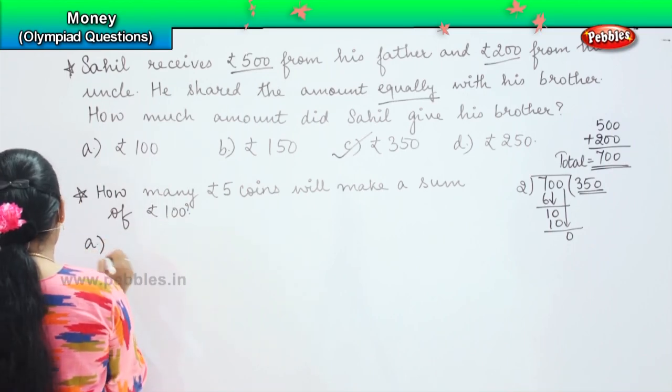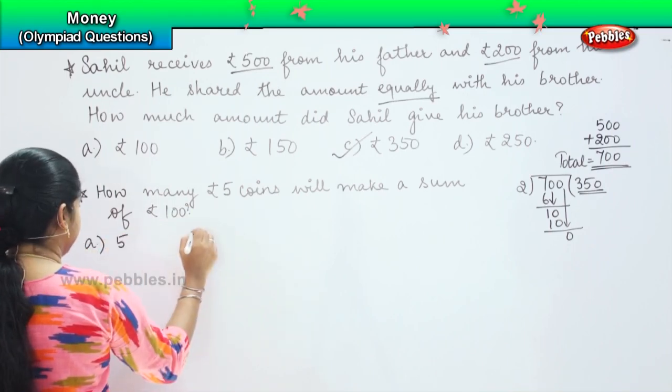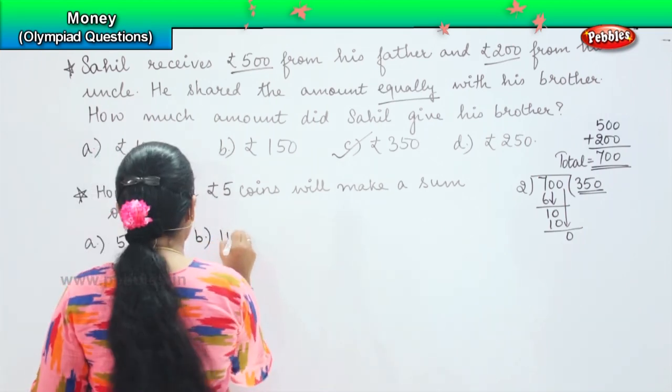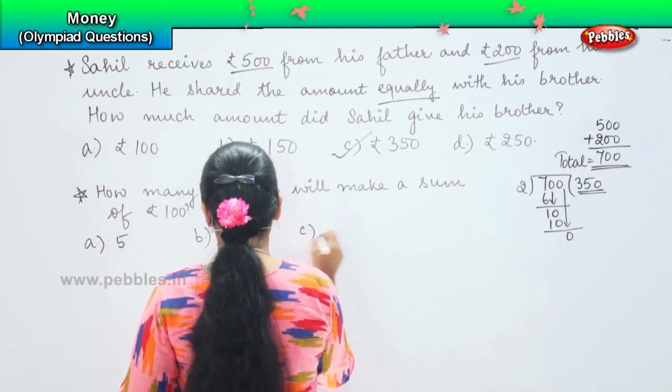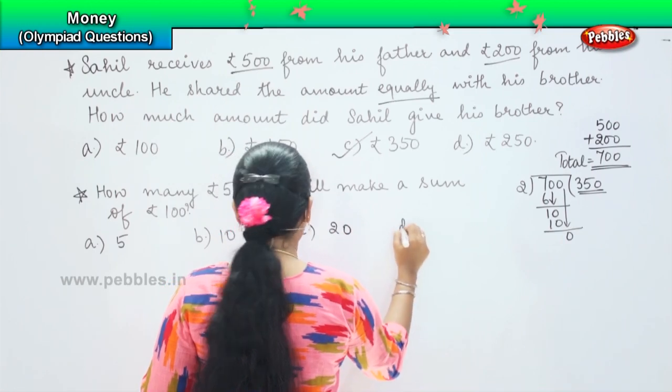And the options given here are 5, option B 10, option C 20, and option D 50.